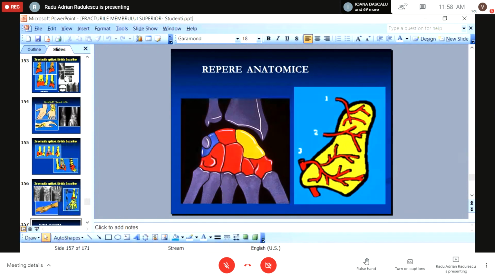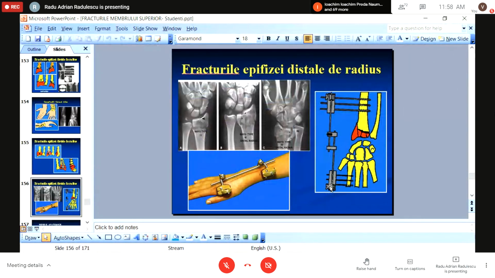And in these situations, we prefer to use an external fixator, like you can see here, and put a traction over the upper limb so that the shape of the articular surface of the carpal bones will reshape the distal epiphysis of the radius, which are complementary in shape, and will make a progressive good reduction of this.